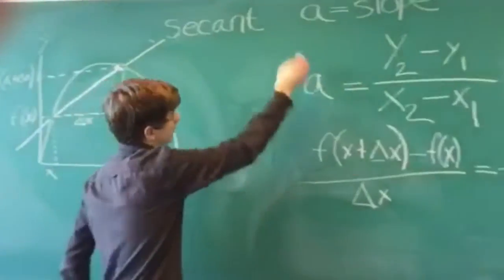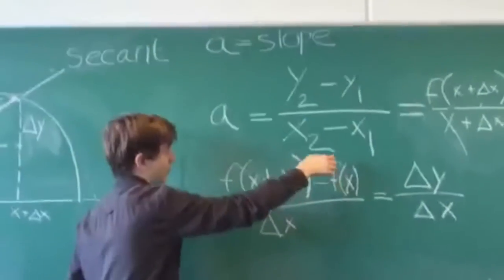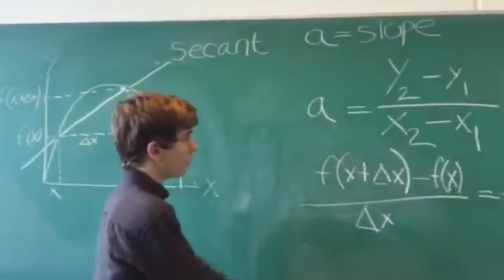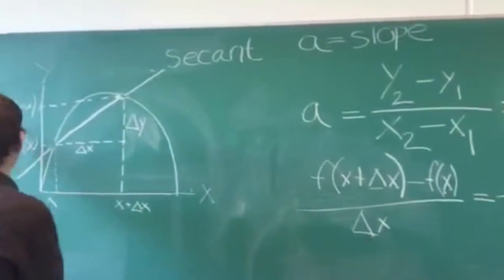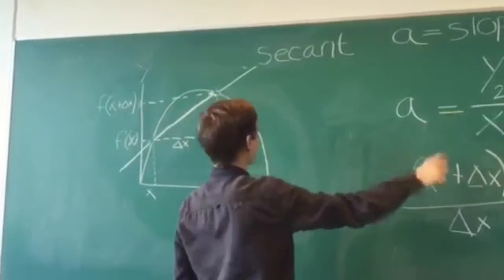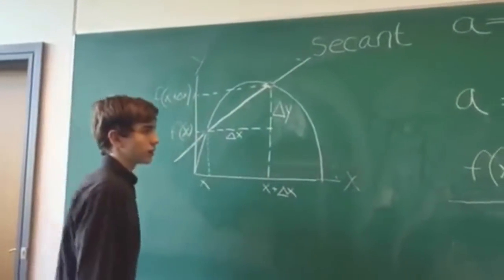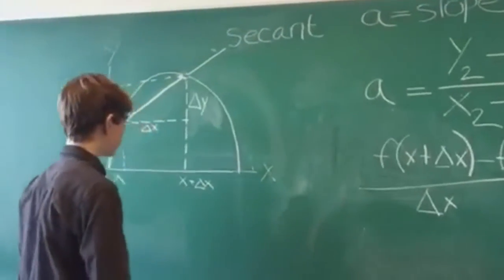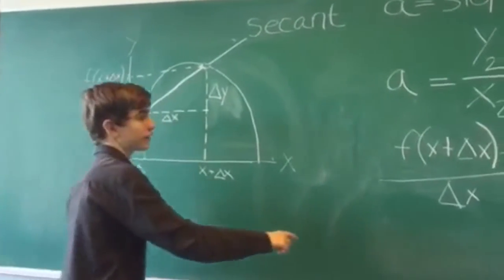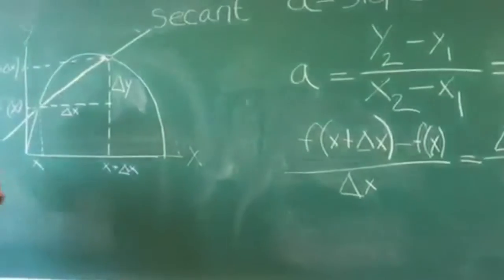The way we find the slope, a, is by using this general formula for the secant, where we have the 4 points: x2, f(x plus delta x) subtracted by y1, f(x), divided by x2, x plus delta x, subtracted by x1, x.